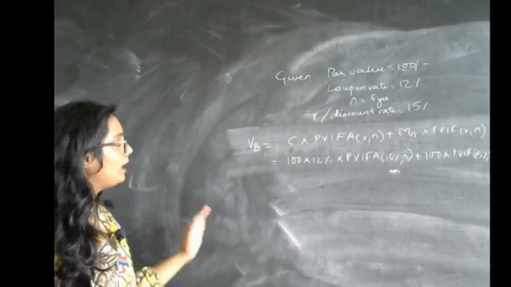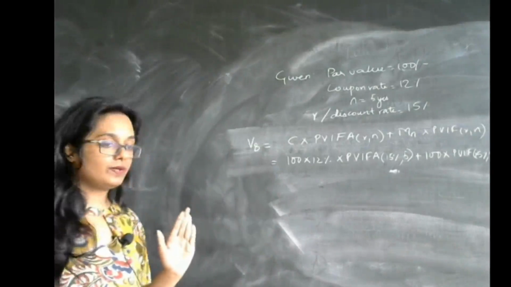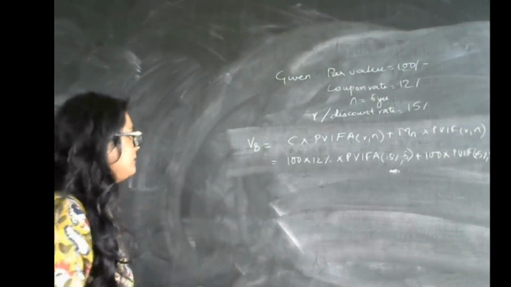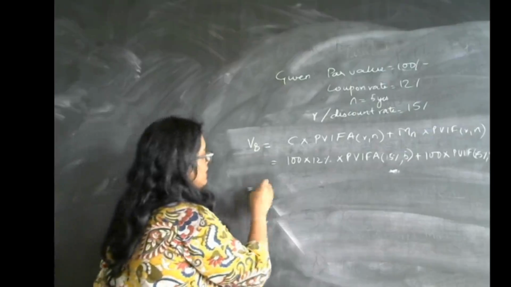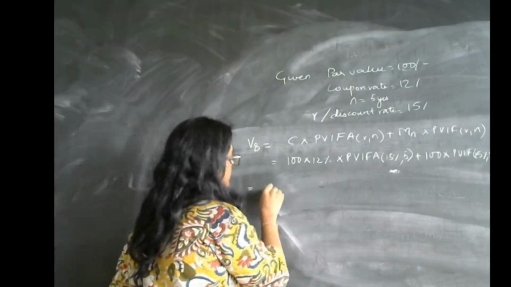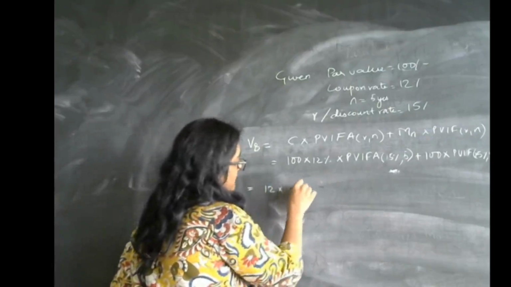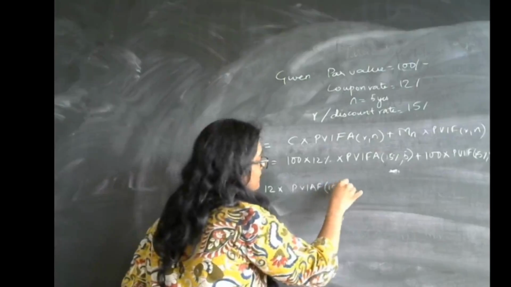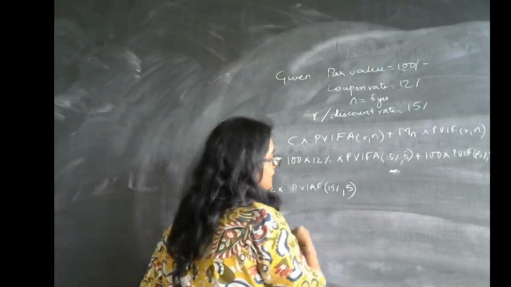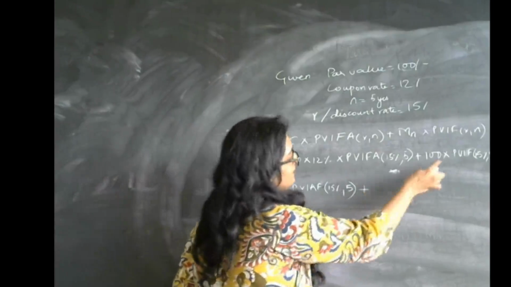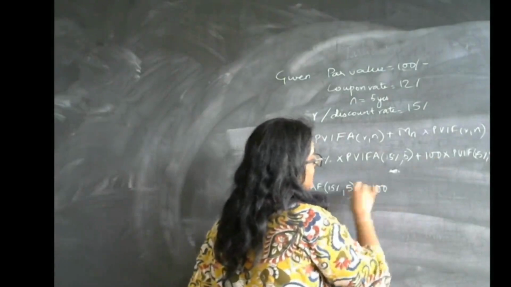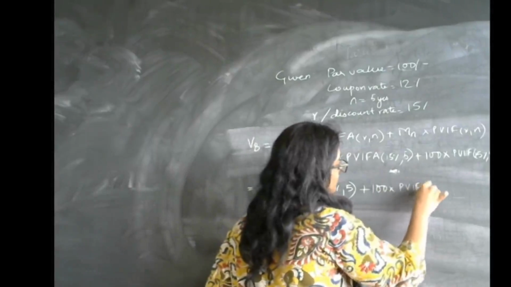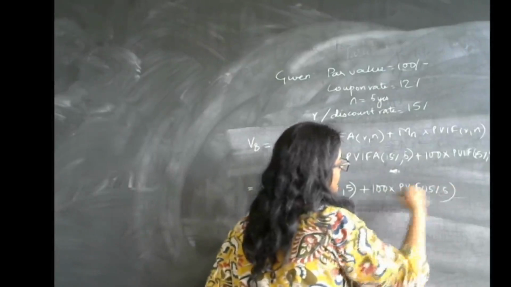Okay, I hope it is clear now. Now let us understand it in detail. So how much is 100 multiplied by 12%? It is 12. Multiplied by present value interest annuity factor at the rate of 15% for 5 years plus the redemption value multiplied by present value interest factor at the rate of 15% for 5 years.